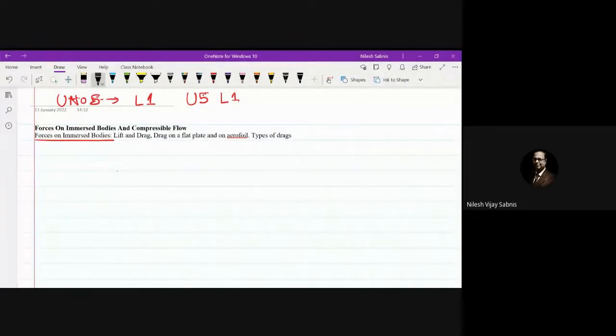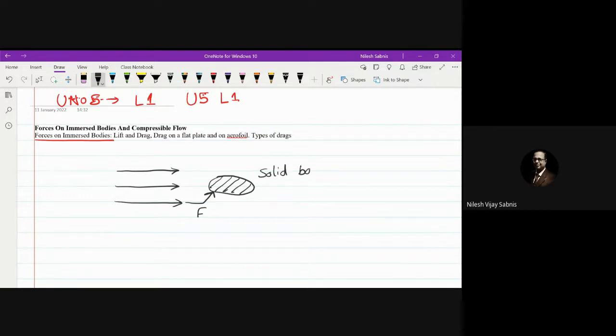Suppose this is a flow, and in that flow a body is moving. Fluid is flowing, and in this flowing fluid I have inserted one solid body. Then force is exerted by the fluid on this solid body.